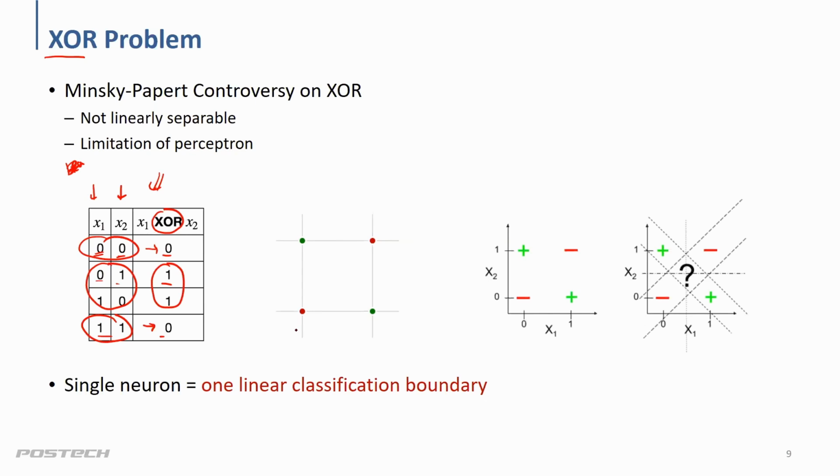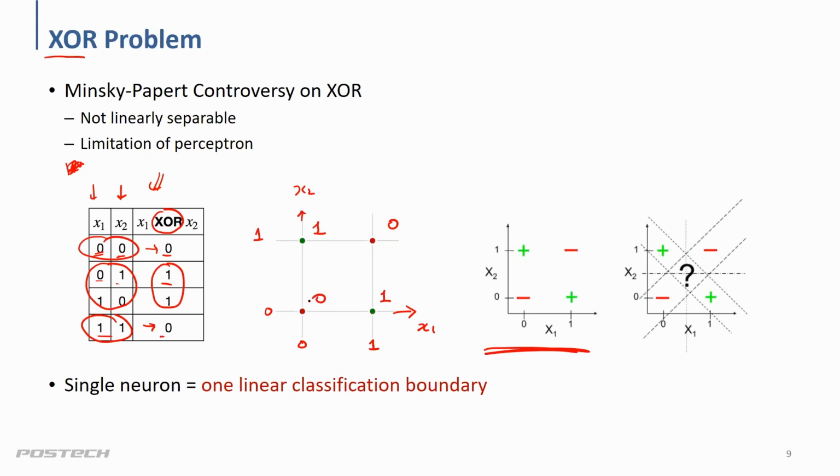So if I write it in the coordinates x1, x2, where the two values are different, then it's 1. This is 1 and zeros.